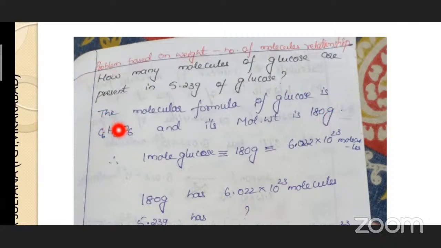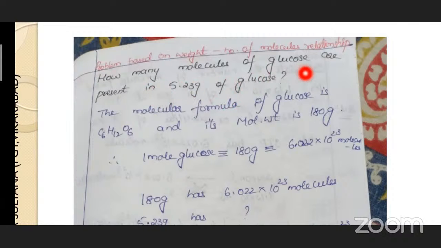So let us see here. Let us see the question. How many molecules of glucose are present in 5.23 grams of glucose? First, what do we need to know here? No need of an equation. It is a very simple question.